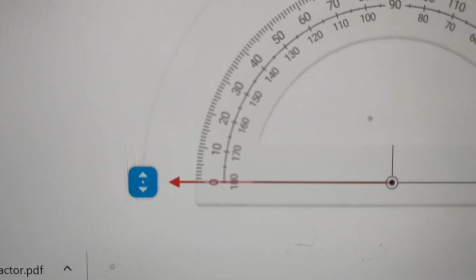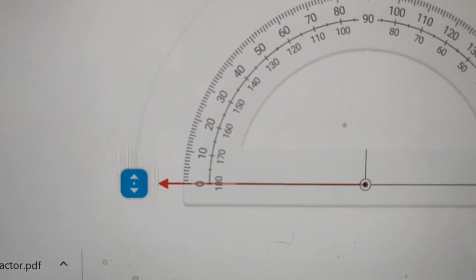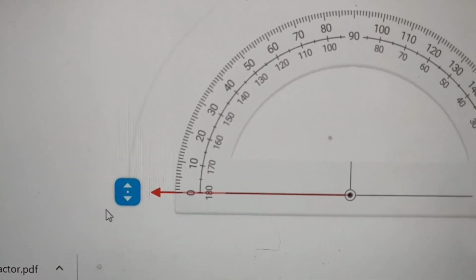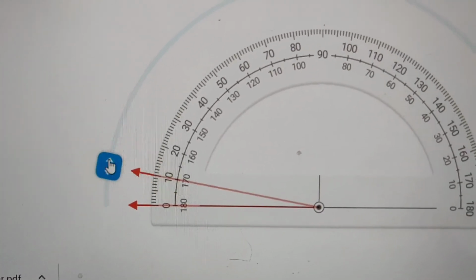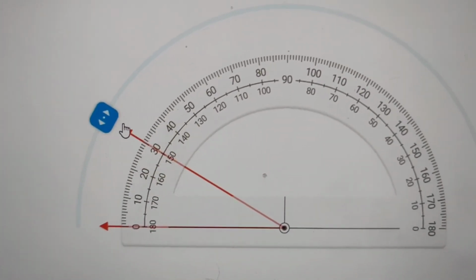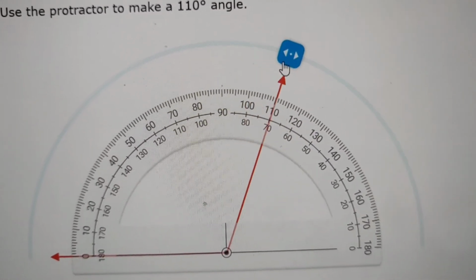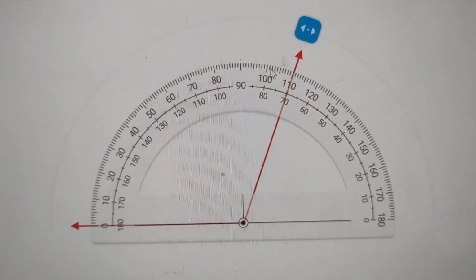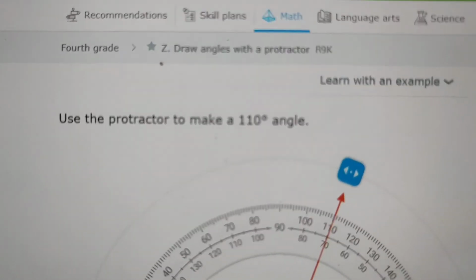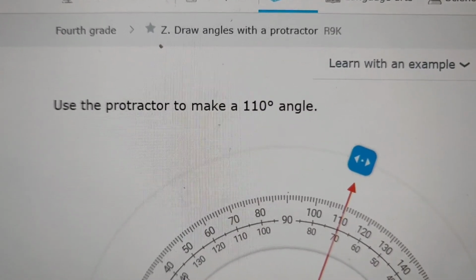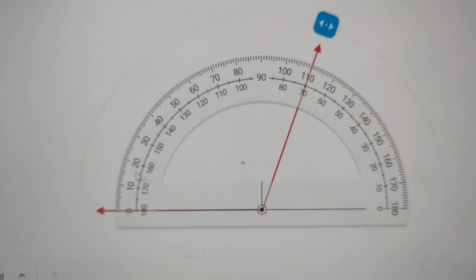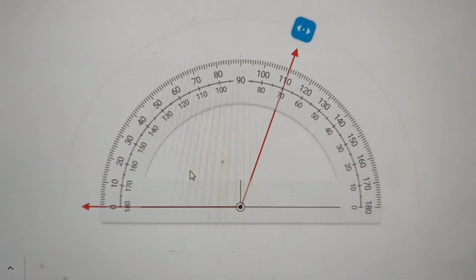We're using that outside scale where the 0 is, and we will just keep going until it's at 110 degrees. And it asked us to use the protractor to make a 110 degree angle. And here we did it.